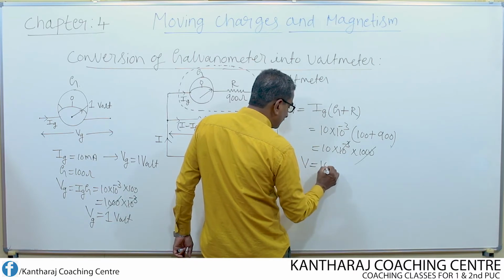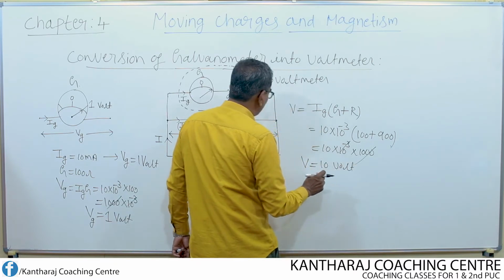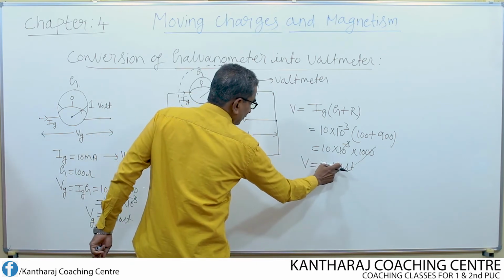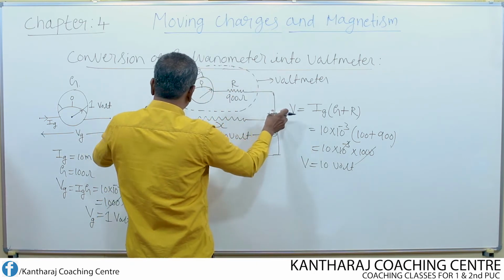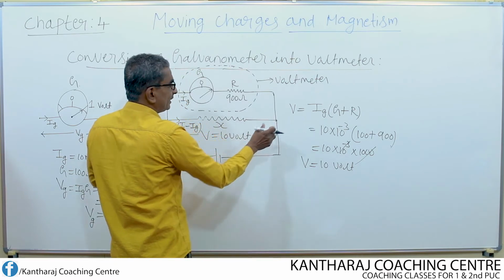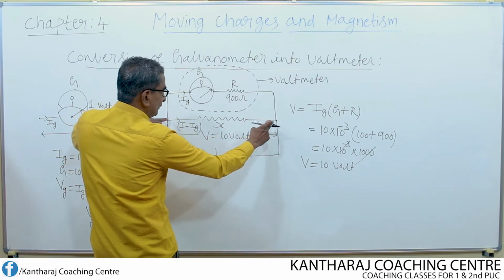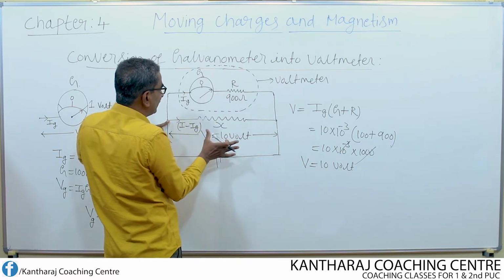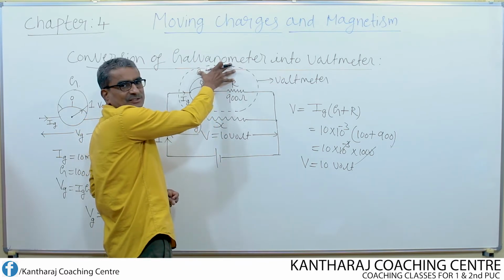Now what will be the potential difference? The potential difference across the voltmeter is equal to 10 volt, which is the same as the potential difference across the two ends of the resistor. So between these two ends, the potential difference is 10 volt, and the voltmeter is going to read the same potential difference.